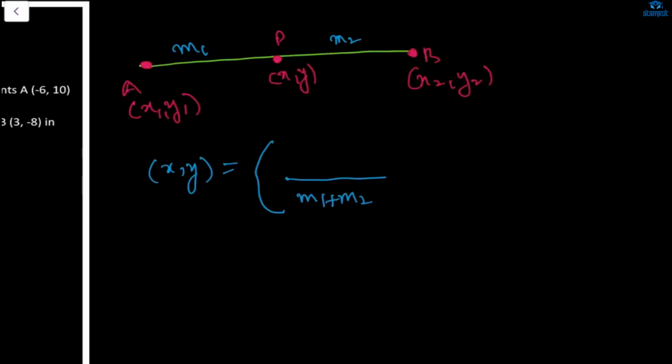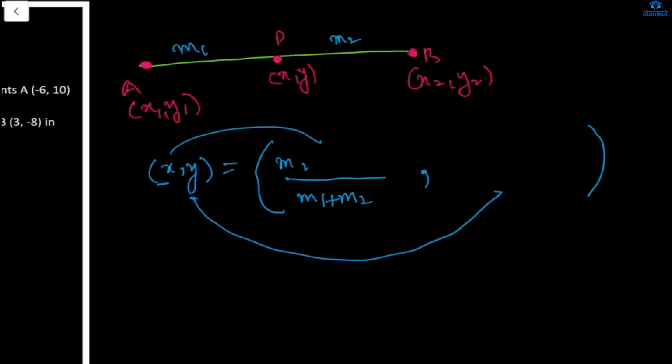Understood? Now, in the bracket, the first number I'm writing represents the x coordinate, and this will represent the y coordinate. If you are going to represent a Cartesian coordinate pair in a bracket, the first one is for x and the second one is for y.